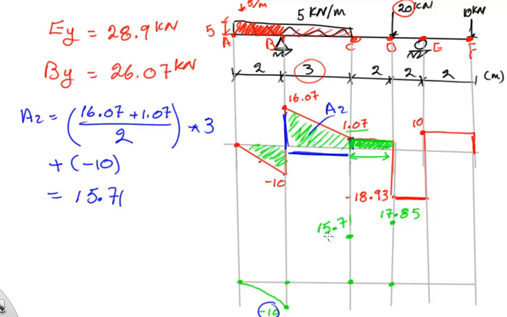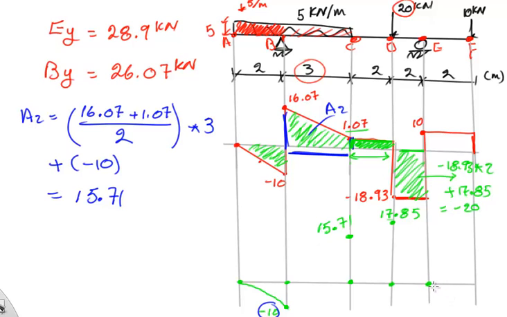15.71. Now, what is the moment at this point? Again, add this area to the previous moment. This area right here is negative 18.93 multiplied by 2, which is this distance, and that will give me a value, plus I forgot to add the 17.85, and that should get me a value of minus 20.